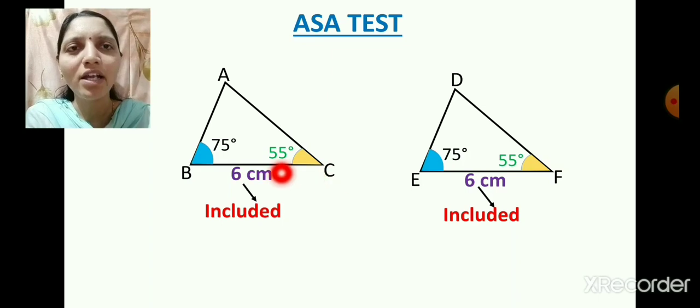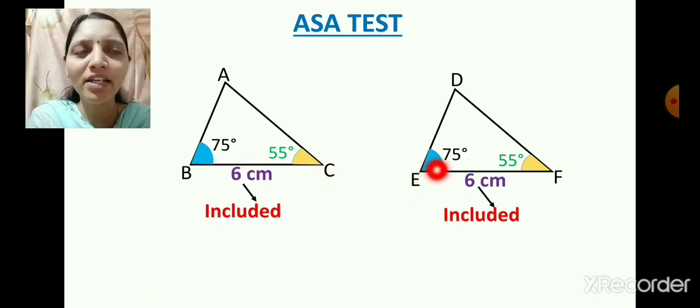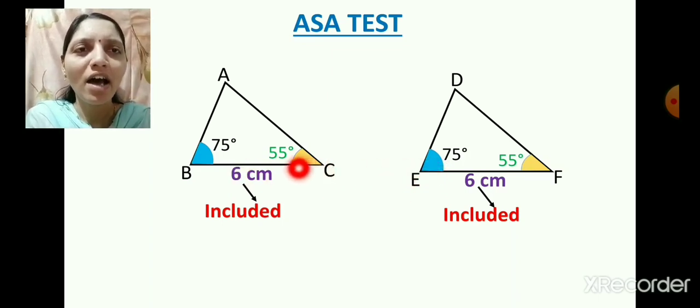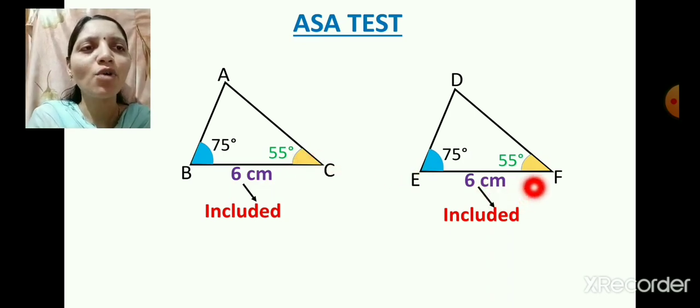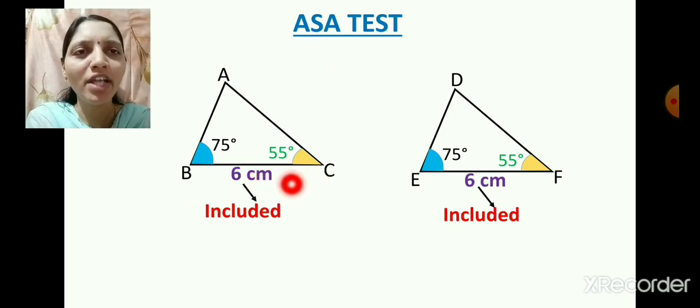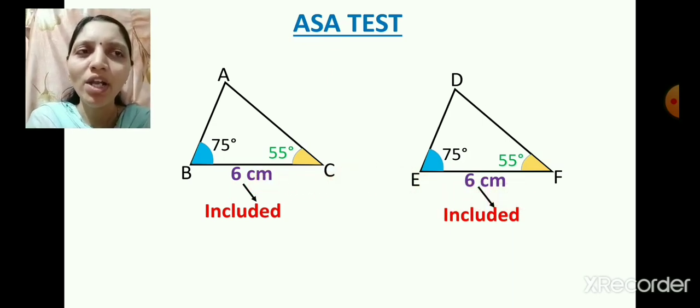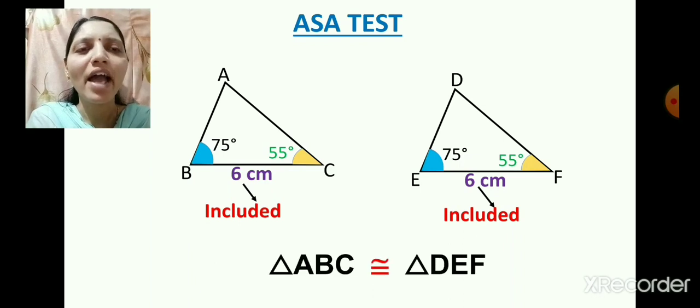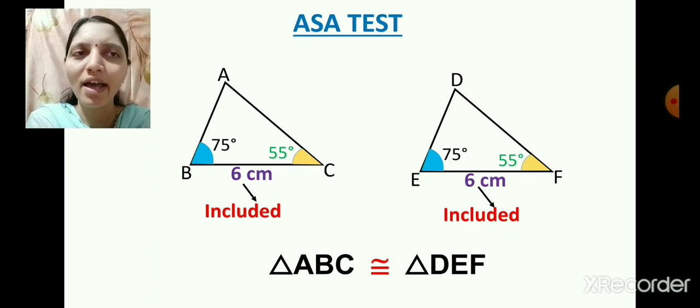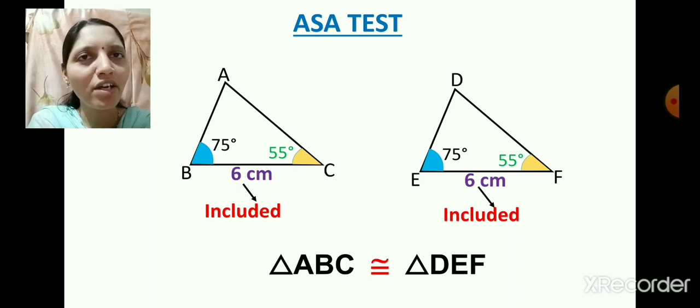So angle B and the corresponding angle E are equal. Angle C and the corresponding angle F are equal, and the included side between them is also equal. Then we can say that triangle ABC is congruent to triangle DEF. By which test? Yes, by the angle side angle test, that is the ASA test. I hope you have understood this.